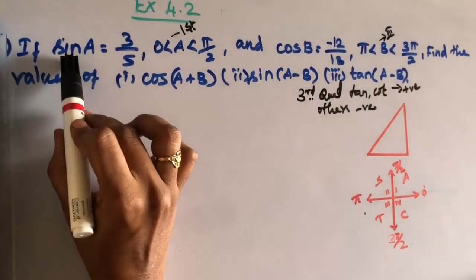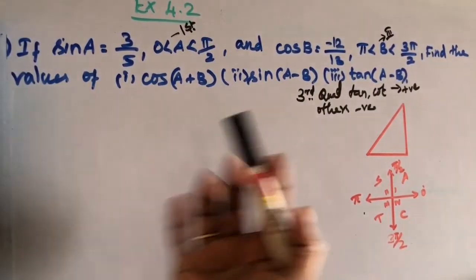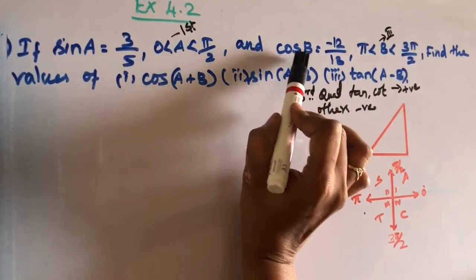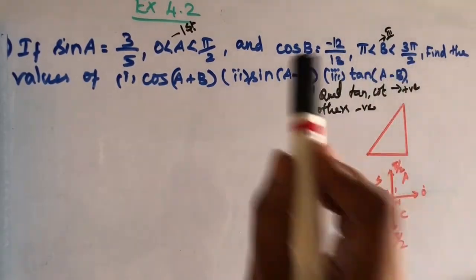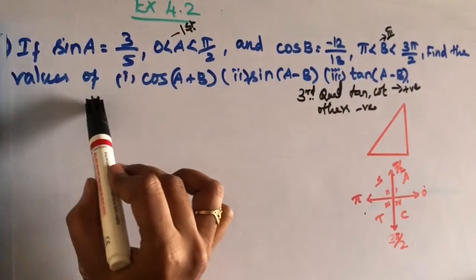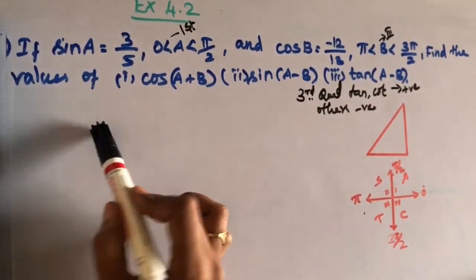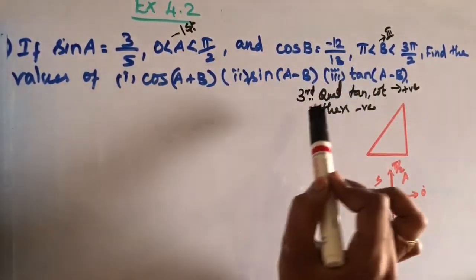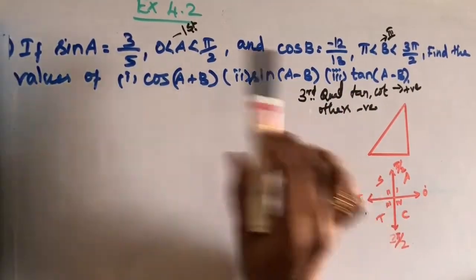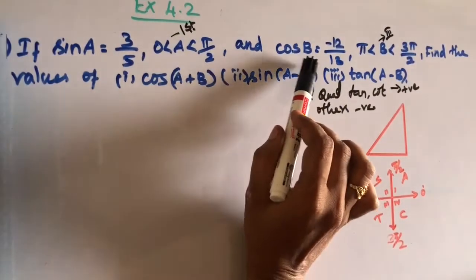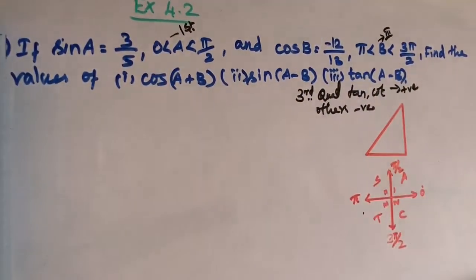But sin A is given, cos A is not given. And cos B is given, sin B is not given. So with sin A you have to find cos A, and with cos B you have to find sin B. After calculating these two, we can find the values of all the three.